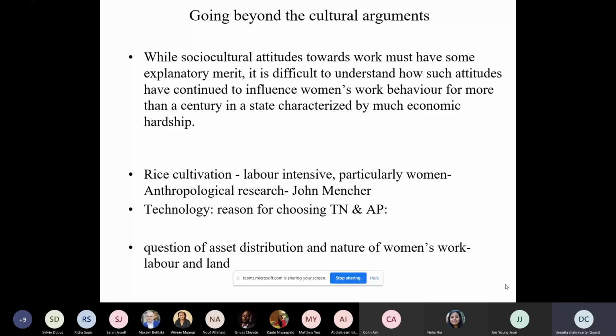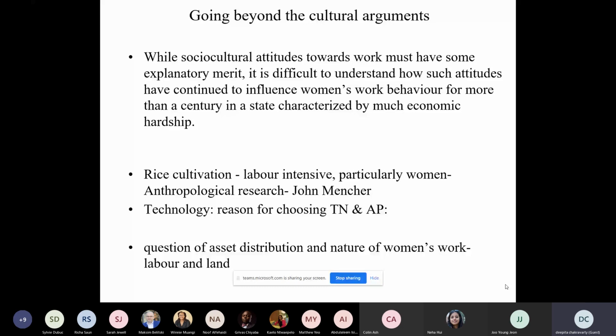And anthropological research, like John Mencher's work, Kathleen Gough's work, K. Saradamoni's work, documented that women's participation in rice cultivation, as you may know one of the most labor-intensive cultivation processes, is particularly high. Women are particularly absorbed, they are demanded, in rice cultivation.